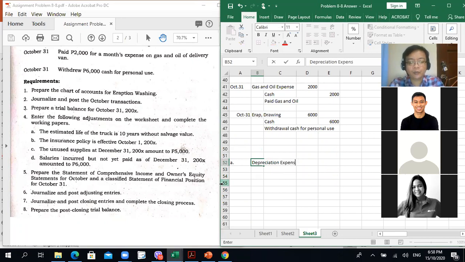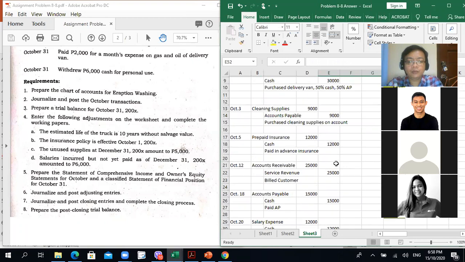What is the formula again to compute for depreciation expense? As what we discussed a while ago: acquisition cost minus salvage value.